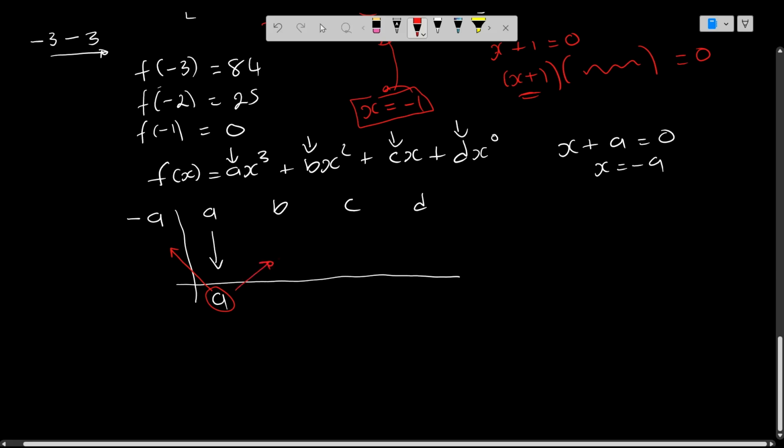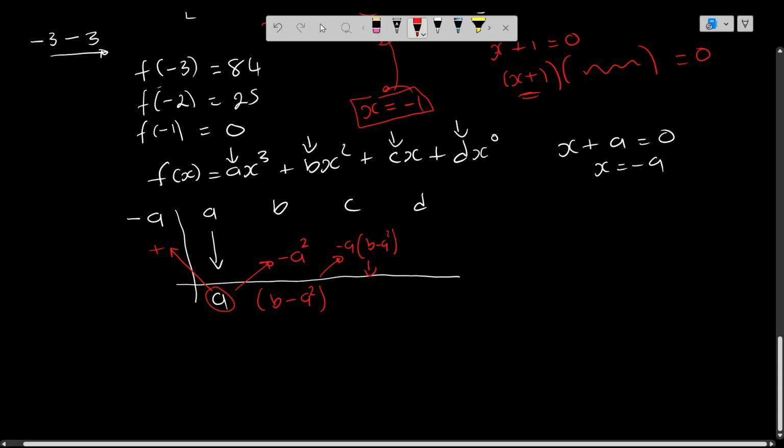So that times that will give us negative a squared, and then you add these two. That will be b minus a squared, and then that times that will of course be negative a times b minus a squared.